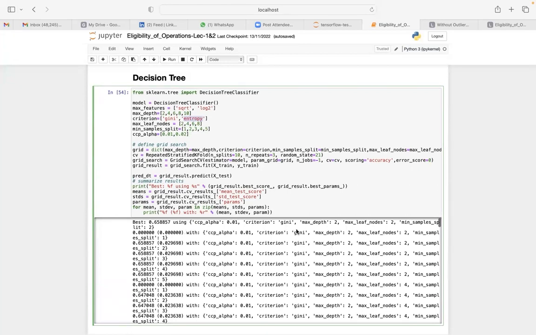So the best sample split, when it does 2 times, is getting the best result. Even if it does 3, 4, 5, 6, if it is getting the same or similar result, then it will show that only 2 sample splits are okay in this case. You don't need to go for further splitting.